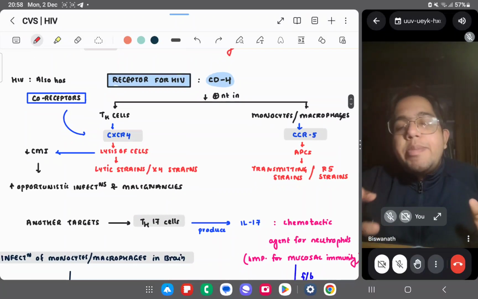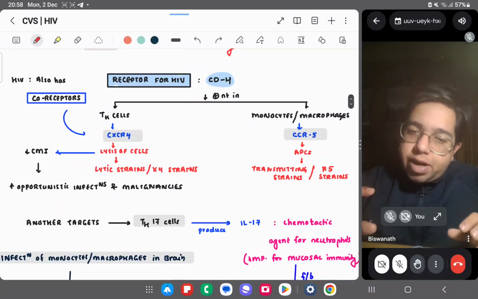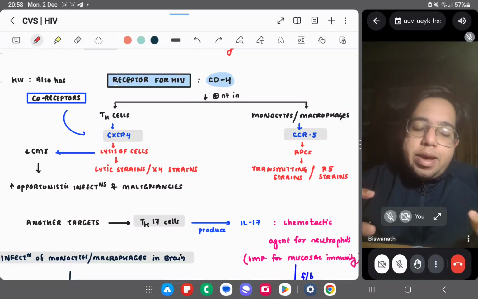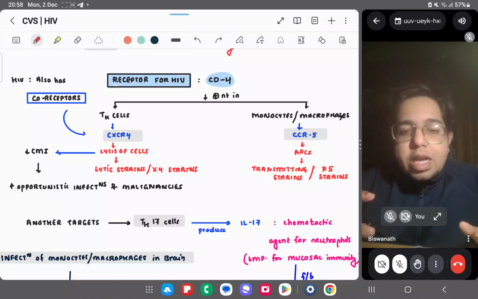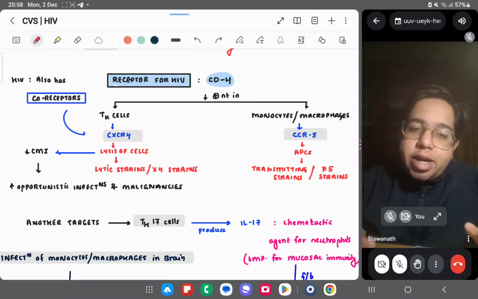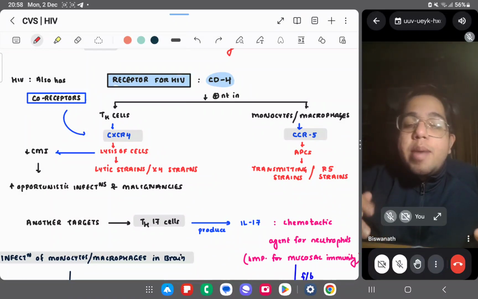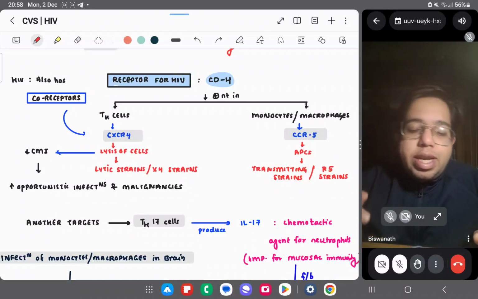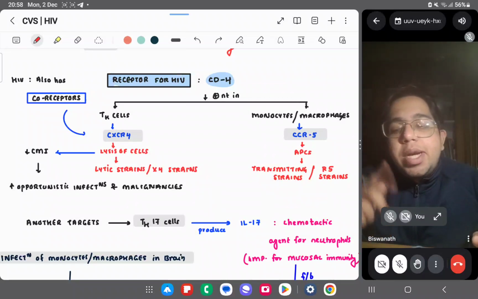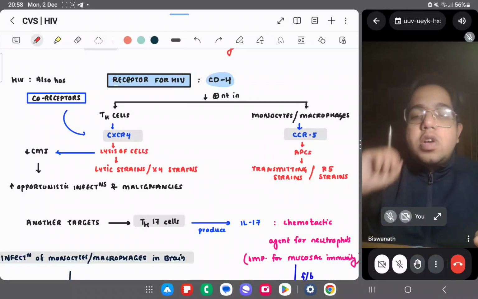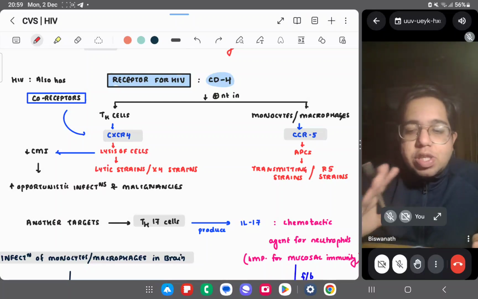Just remember, whenever the HIV virus infects any cell, be it a T helper cell or a macrophage, it is causing the production of daughter virus, but it is causing lysis only in the TH cells. It is not causing lysis of the monocyte or the macrophage. Just remember this.